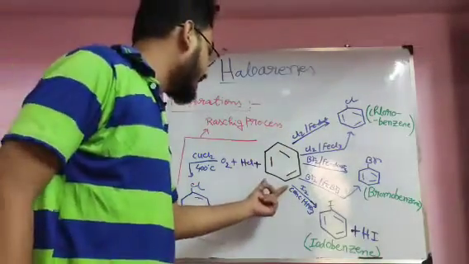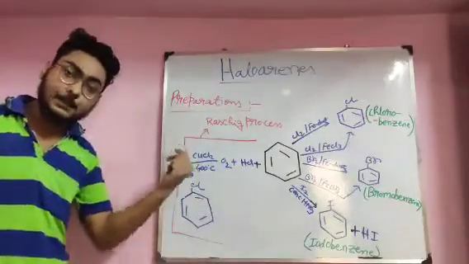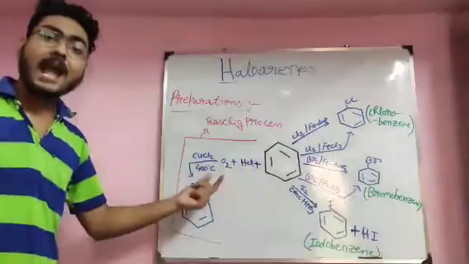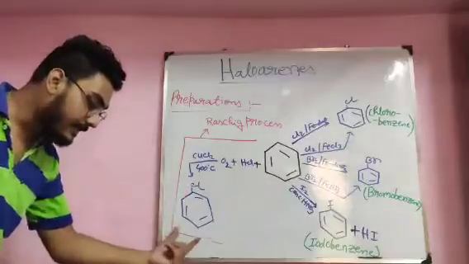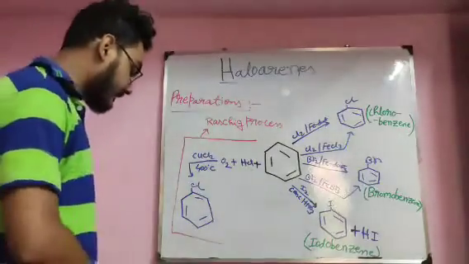When a mixture of benzene vapor, hydrogen chloride and air is passed over cupric chloride at 400 degrees Celsius temperature, then chlorobenzene will be produced. Okay, this is the Raschig process.